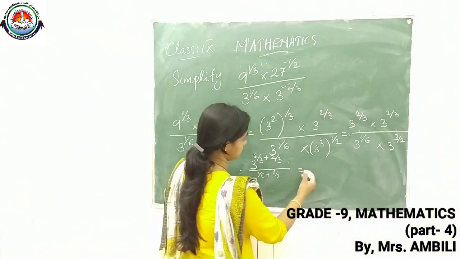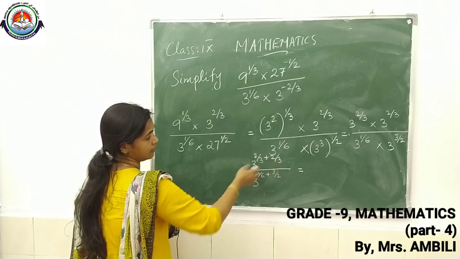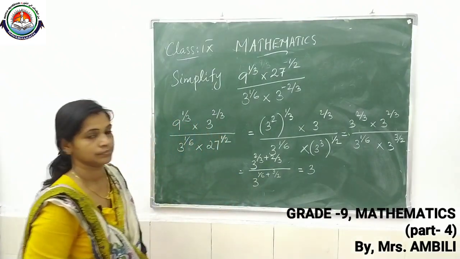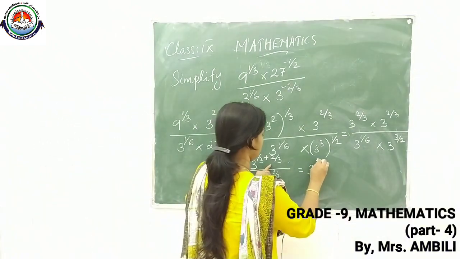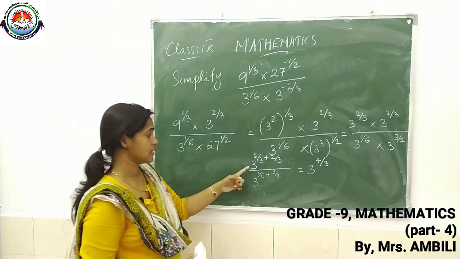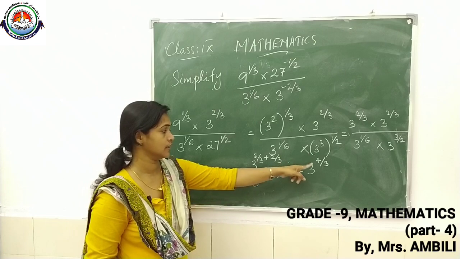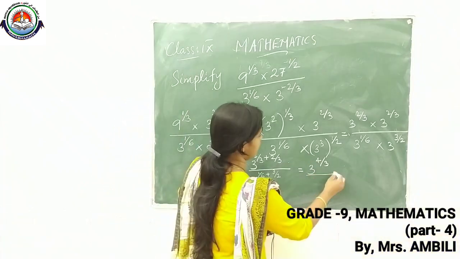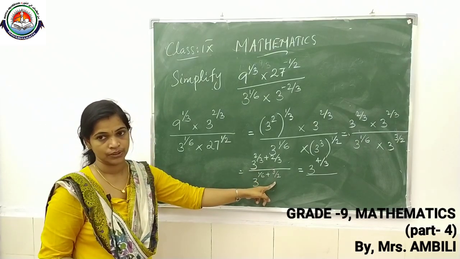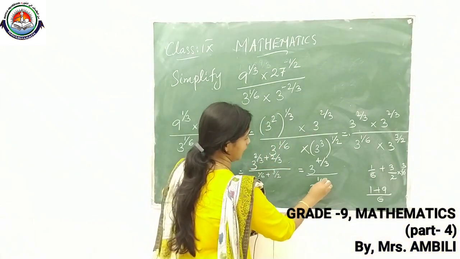So, here directly you can add 2 by 3 plus 2 by 3. What you will get? 3 raised to 4 by 3. Divided by, down, 3 raised to 1 by 6 plus 3 by 2. Take the LCM. Okay. So, what we got? 3 raised to 10 by 6.